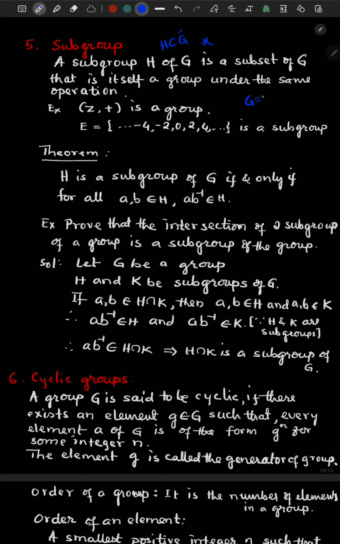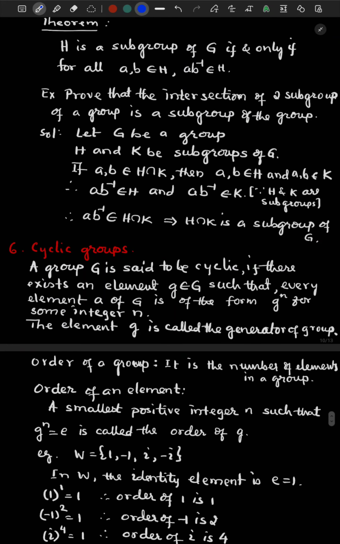Now take a subgroup of G, which is H. In this case, call it E, the set of even integers, positive and negative. This forms a subgroup under the same binary operation plus. E is called a subgroup of Z.